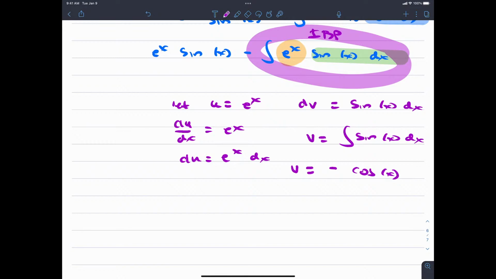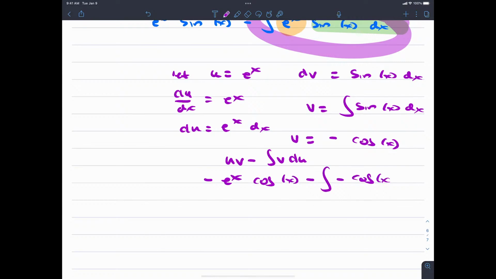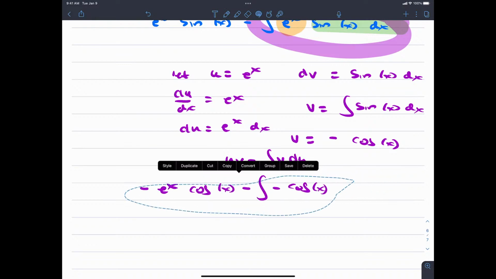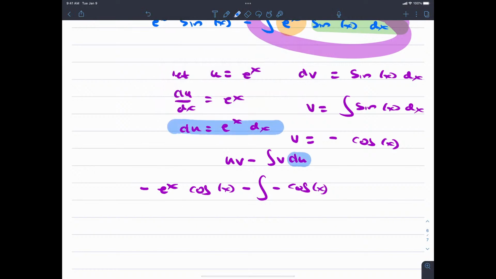So everybody did this, and we go, okay, what does integration by parts give us? uv minus the integral of v du. So that gives us negative e^x cosine x minus negative cosine x. Don't forget the du is going to be what again? It's right up in here. Don't forget the du again. There it is, e^x dx.